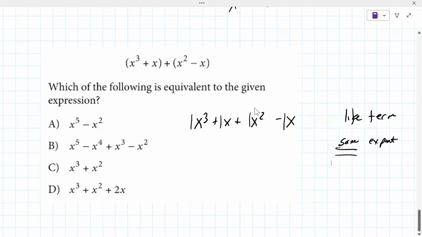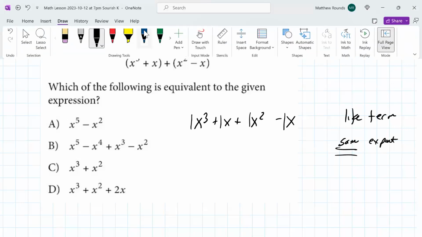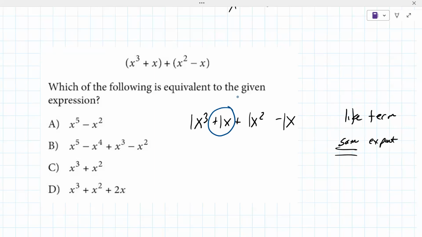Are there any like terms? Do you see anything else that's the same? Are you looking at my screen? Okay, what about these?